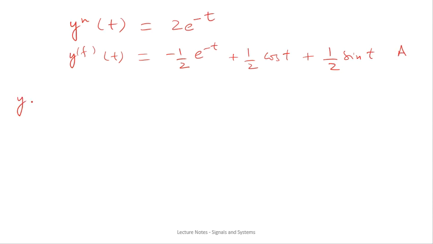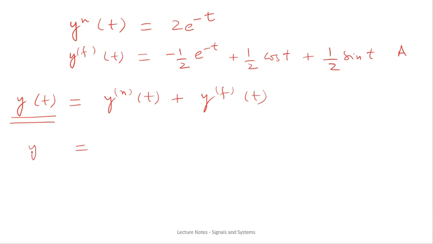If you sum them, y(t) equals y_n(t) plus y_f(t), by the definition of the complete response, you get y(t) equals 3 by 2 e raised to the power minus t plus half cos t plus half sin t.